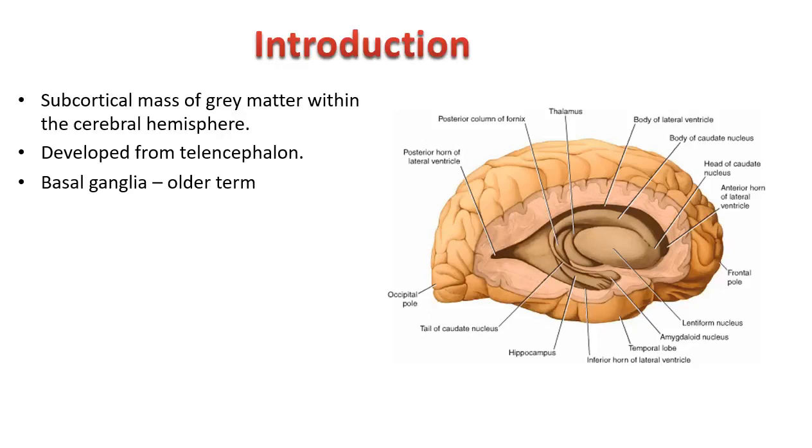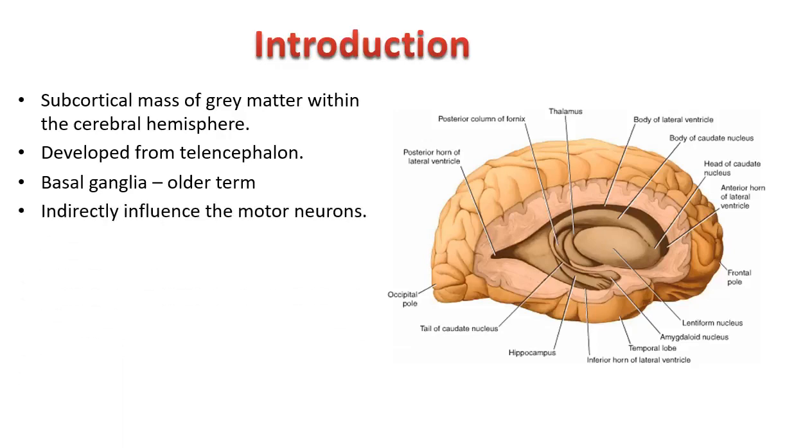Mostly the sensory ganglia are made up of pseudounipolar neurons, whereas the motor ganglia are mainly made up of multipolar neurons. You have the sympathetic ganglia and the parasympathetic ganglia, like the ciliary, otic, pterygopalatine and submandibular ganglia. They are all motor ganglia.